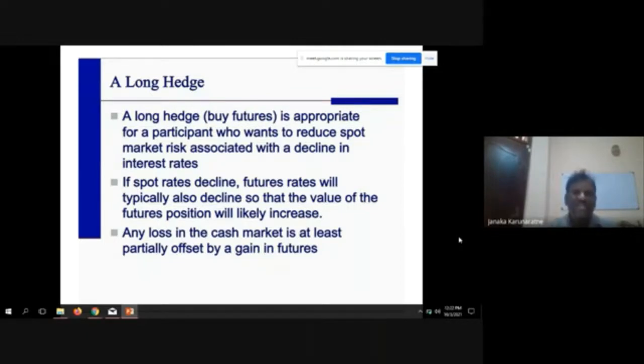If the spot rate declines, the futures rate also declines, and the futures value will go up. So you sell the futures contract at that time and make a gain. But in the spot market, you make a loss. So the loss in the cash market is at least partially offset by a gain in the futures contract.